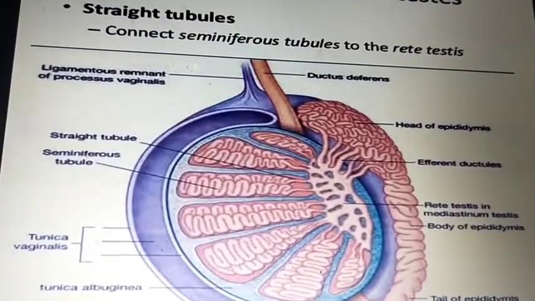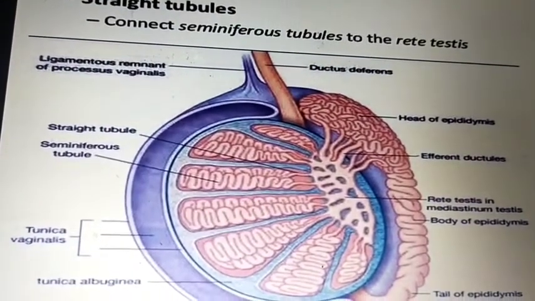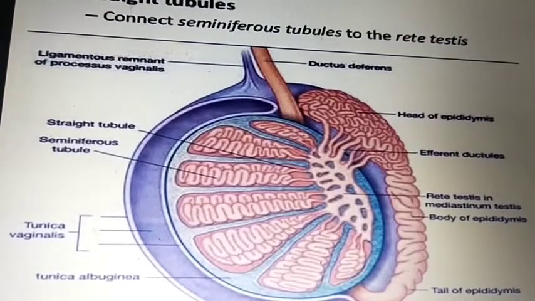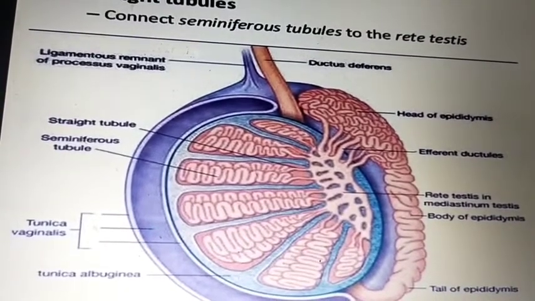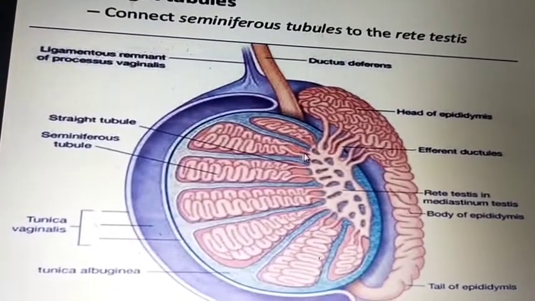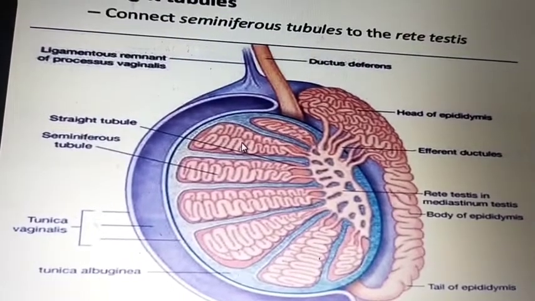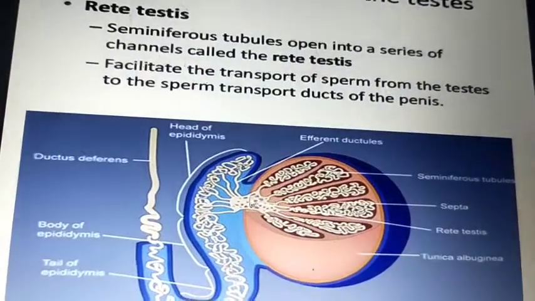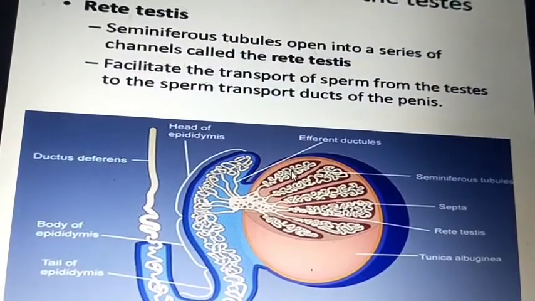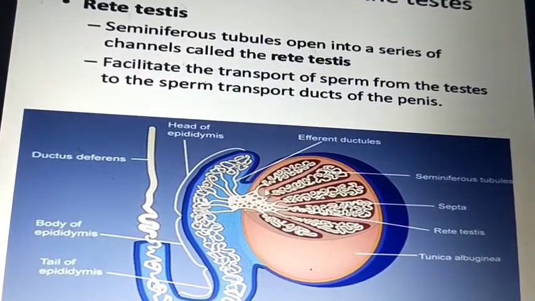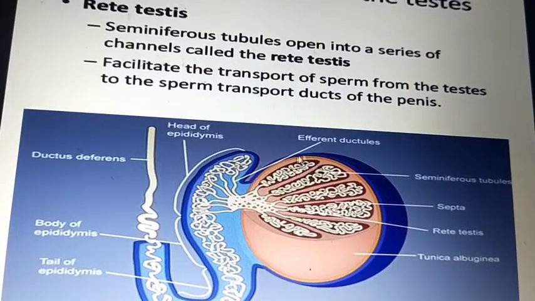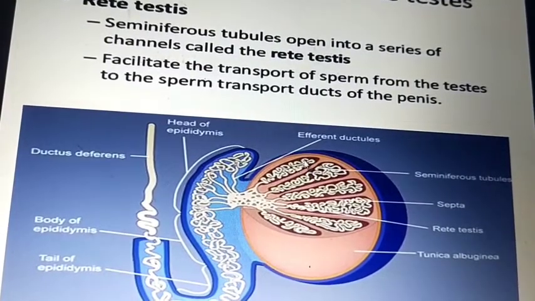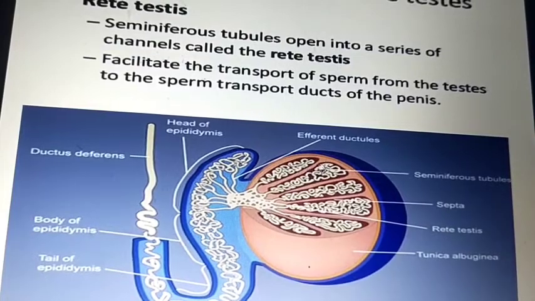Now the straight tubules connect the seminiferous tubules to the rete testis. You can say this is the seminiferous tubules, this is the straight tubules, these are the seminiferous lobules, and the lobules are partitioned by the tunica albuginea.